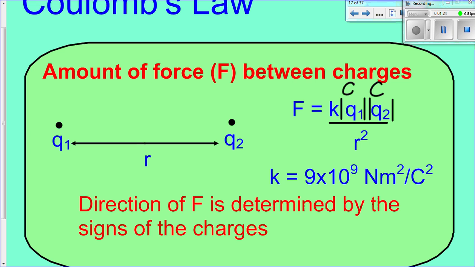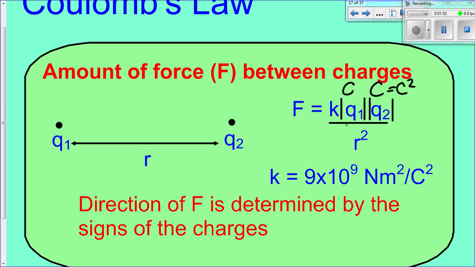So when we're using Coulomb's law, it is not necessary to put the negative or the positive in because we're going to determine the direction when we look at the force diagram. And so we're just going to take the absolute value of those two charges. Now, when we multiply a charge by a charge, you end up getting the unit of C squared. So I'll write that out here to the side, C squared. All right, now I'm going to ignore k for just a second.